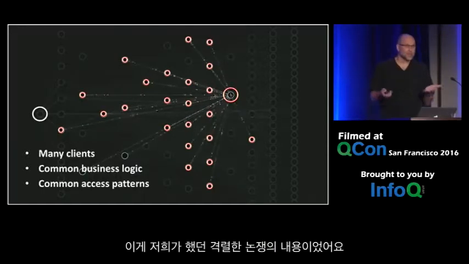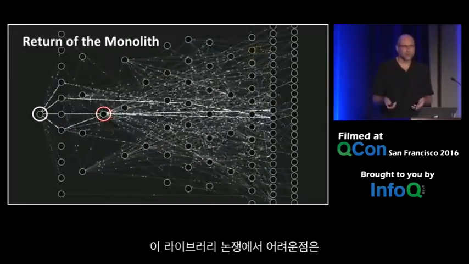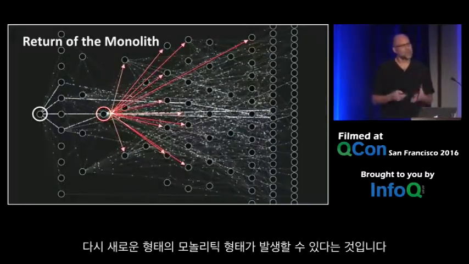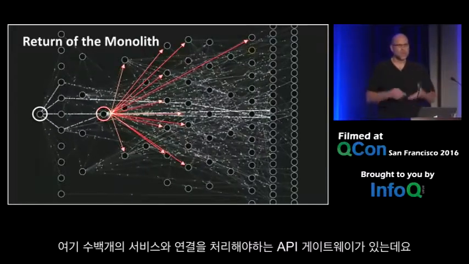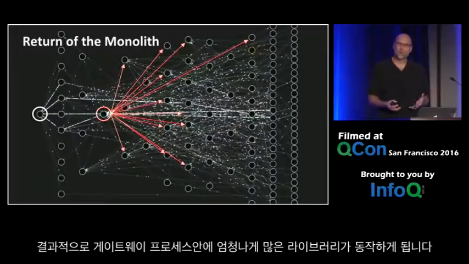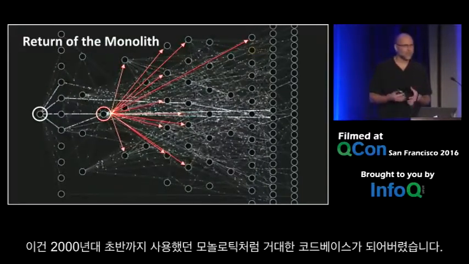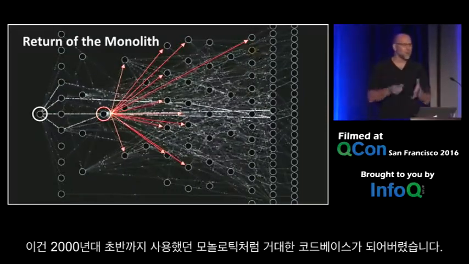And this was so compelling that this is actually what we did. Now the big challenge here is that this is a slippery slope back towards having a new kind of monolith where now our API gateway in this case, which might be hitting 100 services, is now running a lot of code in process that they didn't write. This takes us all the way back to 2000, running lots of code in the same common code base.